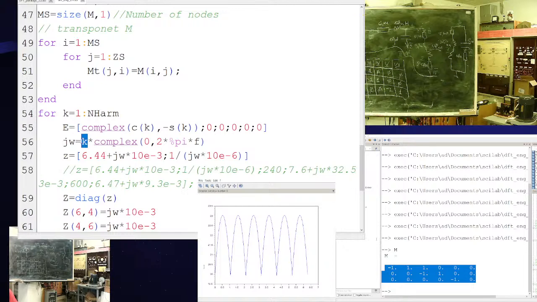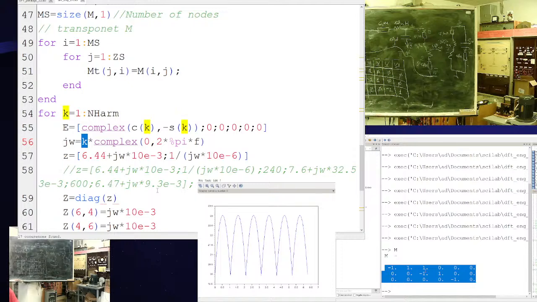One more, K, the number of harmonics. I will perform nodal analysis for each AC component, starting from the base, number 1, and ending with 70. Yes, I go up to 70 harmonics, so I will do it 70 times. The frequency of the second harmonic is double, the third triple, the fourth quadruple, and so on.